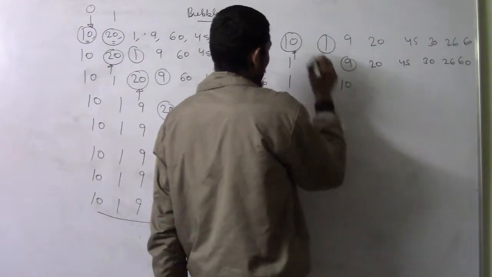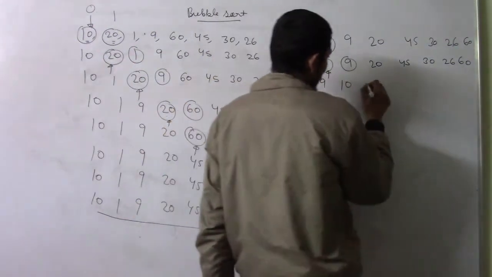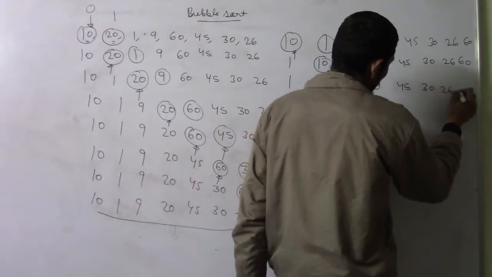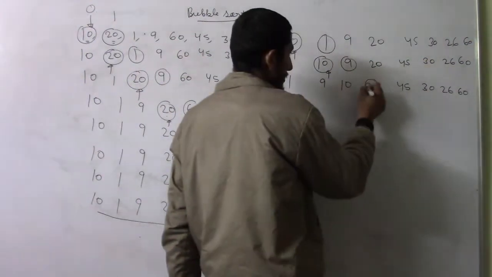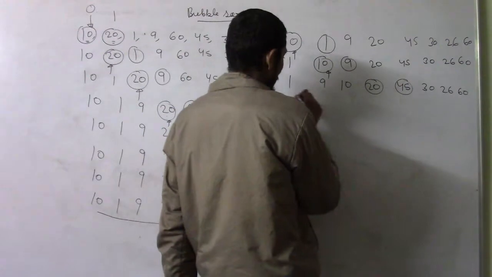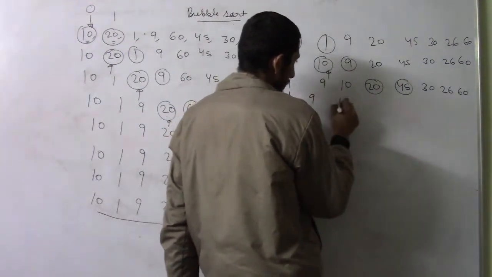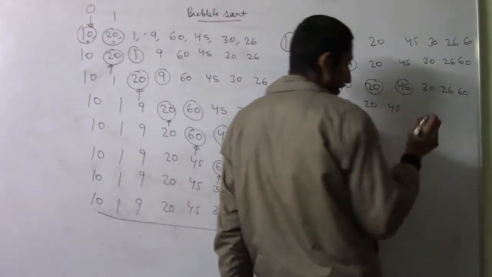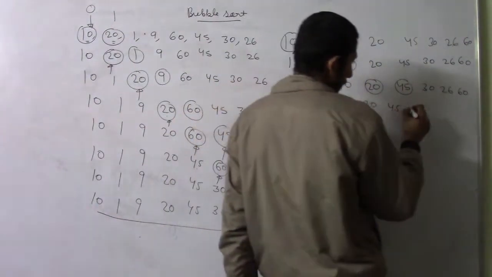So first time pointer was there, second time pointer was there, and all the values will remain as they are. So you have to write this value, but this value will remain as it is. Third time I will compare this one. So what is going to happen? It becomes 10. So content will remain as it is because 20 is lesser and 45 is greater.